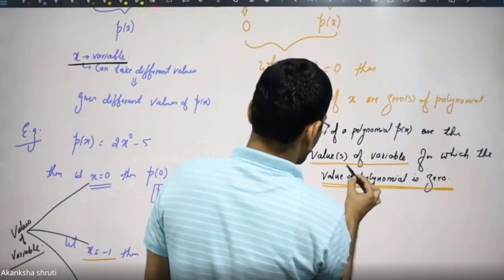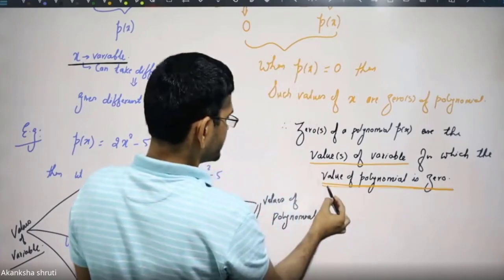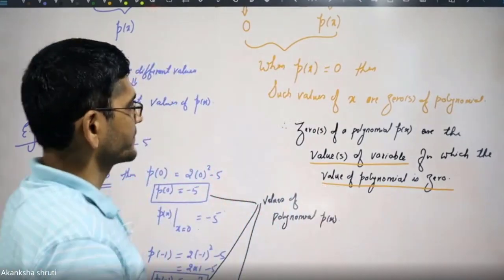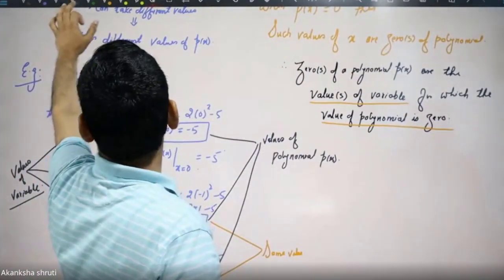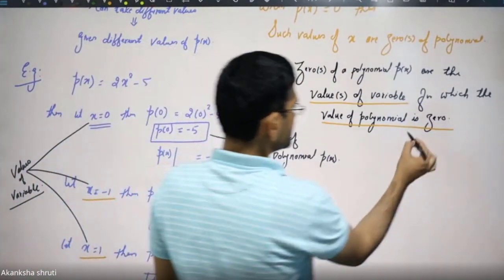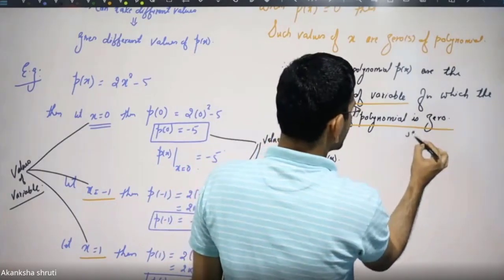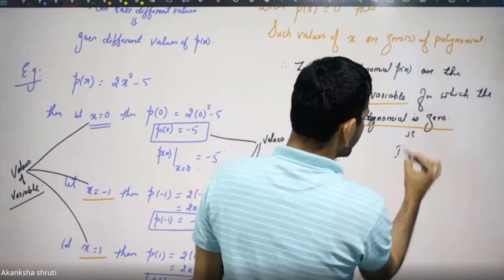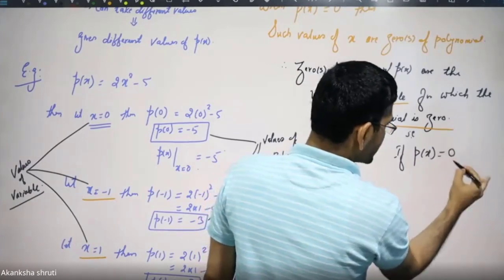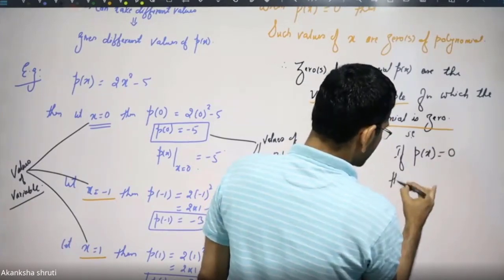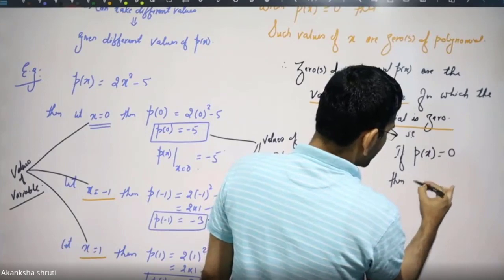It is only this much. But we'll understand how. Mathematically, how to write this expression. That is, if p(x) is equal to 0, then find x.